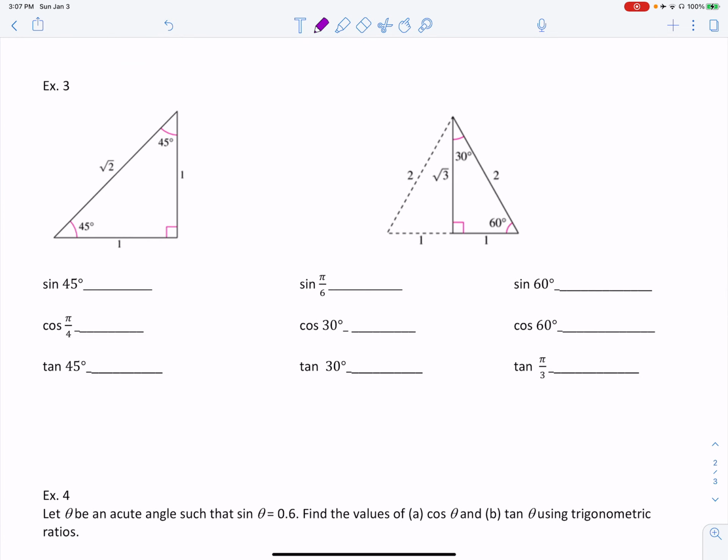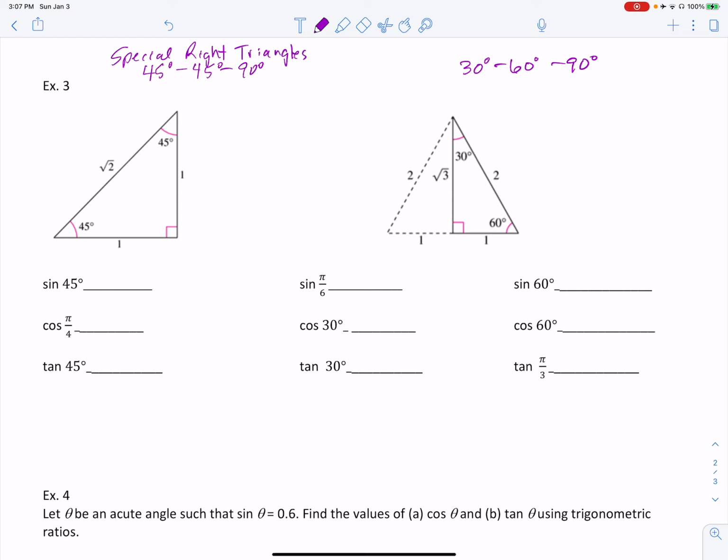Now, going on and reviewing special right triangles from geometry. Special right triangles: we have a 45, 45, 90, and then we also have a 30, 60, 90.